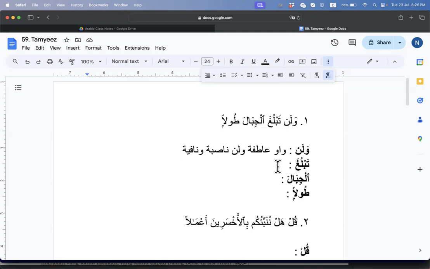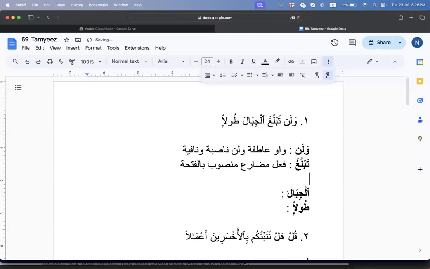What about tablugho? Tablugho is fi'il mudhari' mansub. What's the sign? Mansub bil fathah. And what's the fa'il? Fa'il is anta.